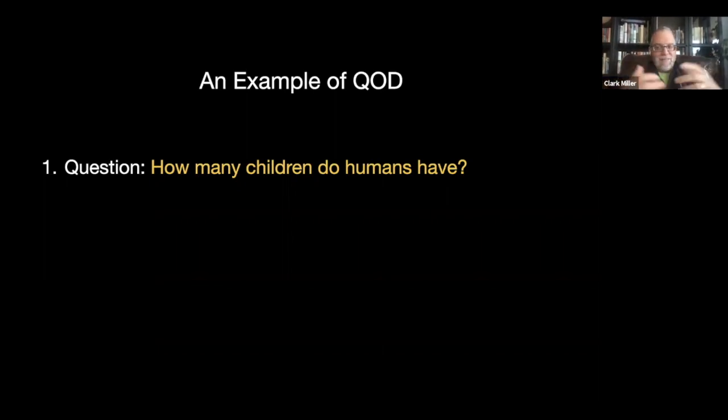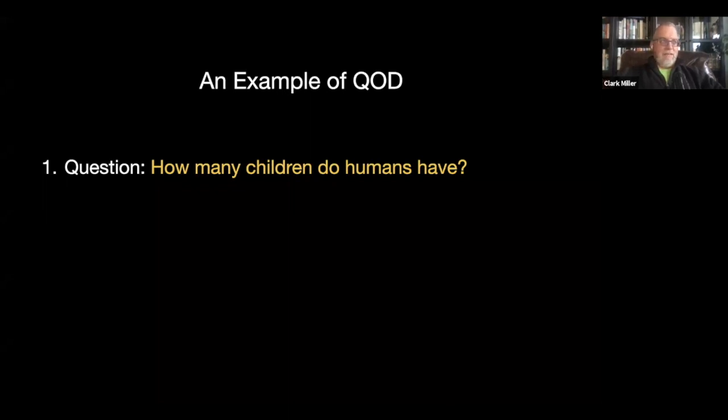There might be all kinds of people who are interested in the question, how many children do humans have? But even a little bit of thought will immediately start to raise questions about this question, like, well, which humans?